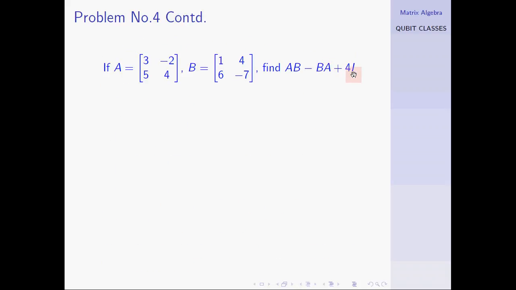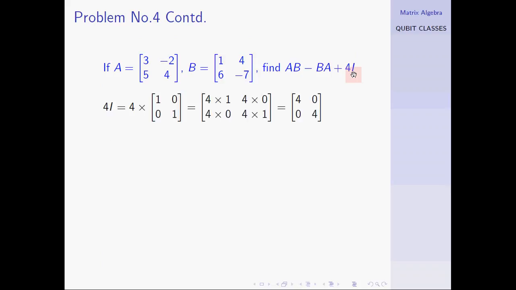So the last part is 4I. Now the letter I is used to denote a specific class of matrices known as identity matrices. Identity matrices are square matrices whose elements are all equal to 0 except the diagonal ones, and the diagonal elements are equal to 1.